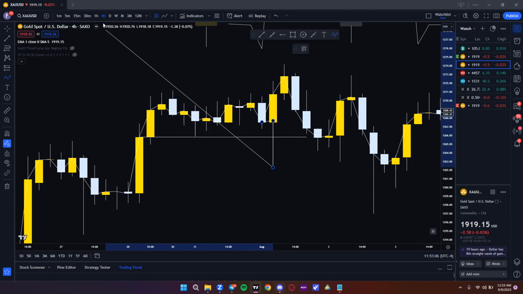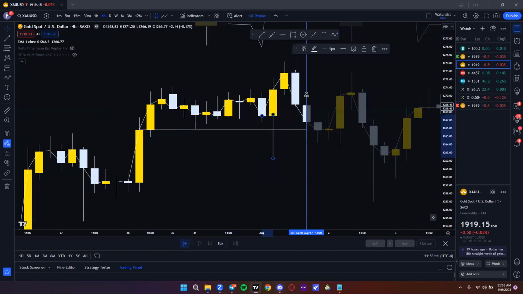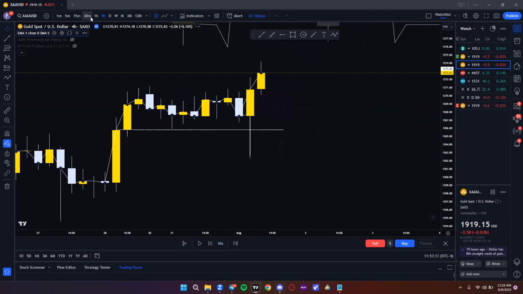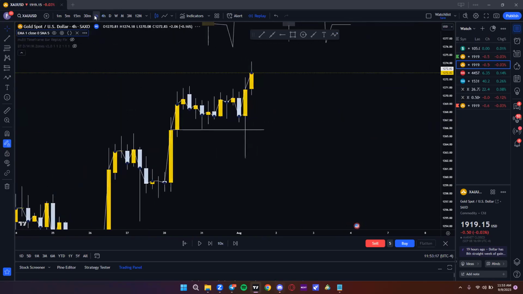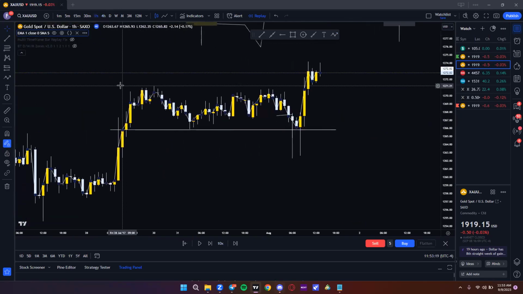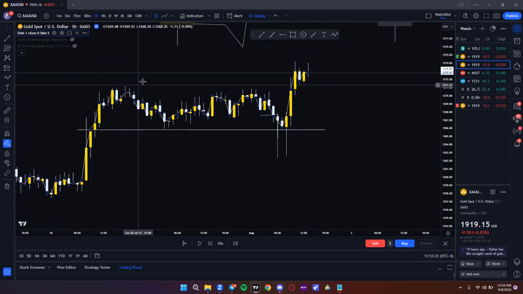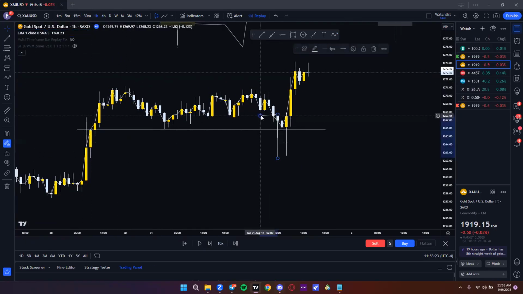So again, using multi-time frame, let's see if I can cut price and show you. You'll see that H1 also rejected this level.